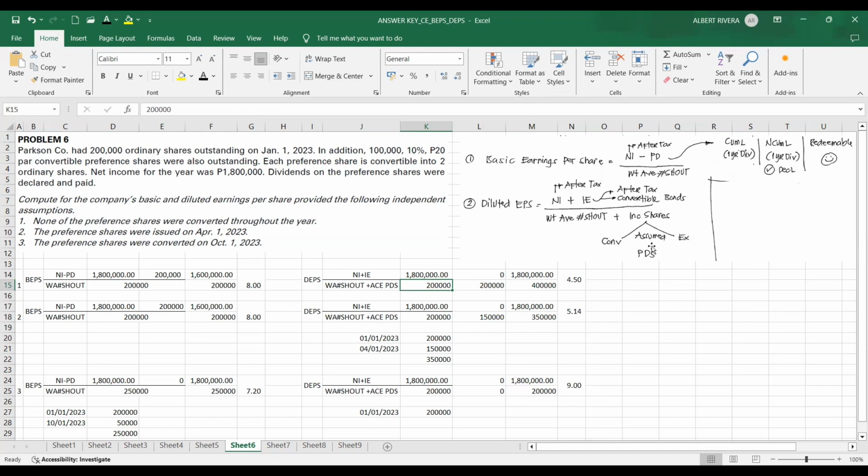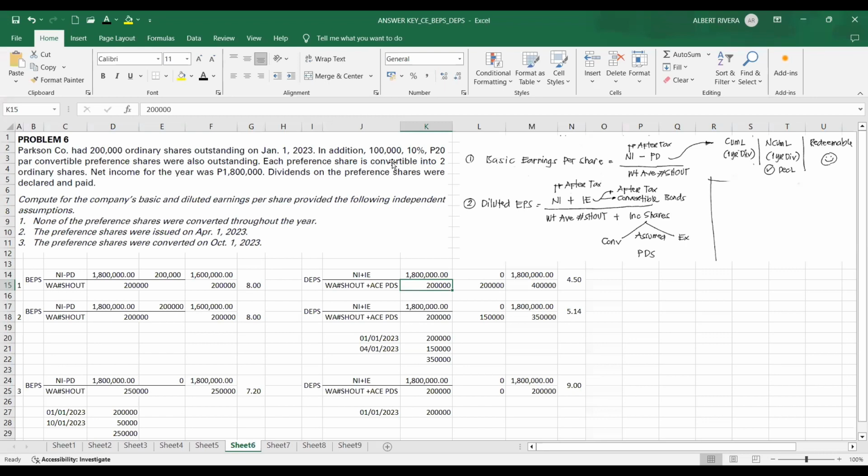Since there is a potentially dilutive securities, each preference share is convertible into ordinary shares. And that assumption of conversion, tulad ng sabi natin kanina, is assumed to take place at the time that this potentially dilutive securities or the convertible preference shares were issued.